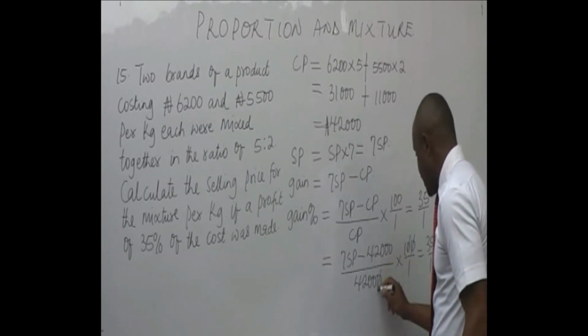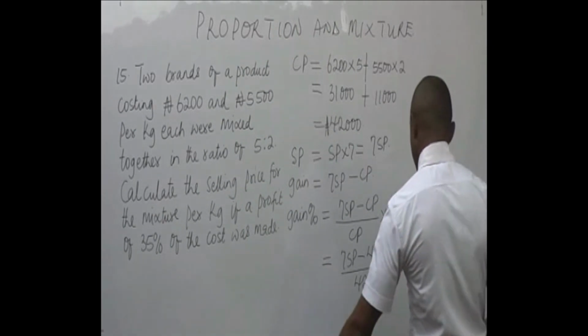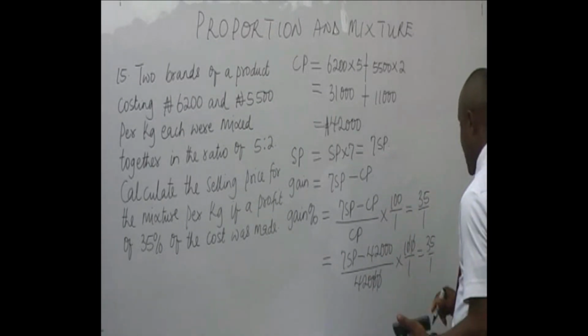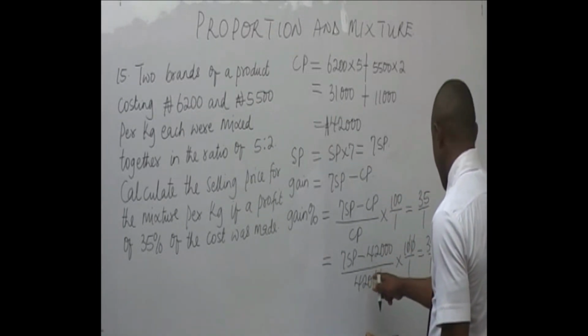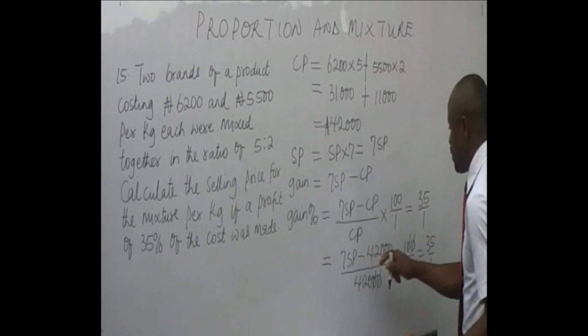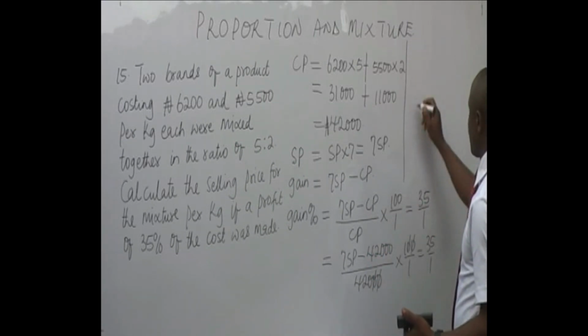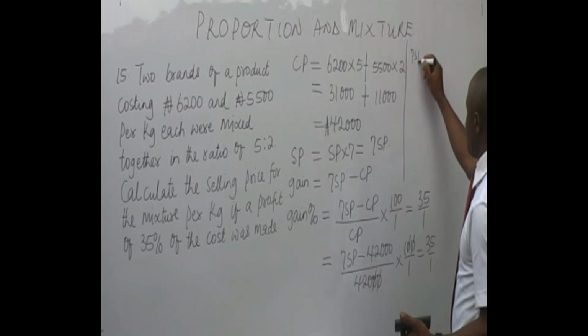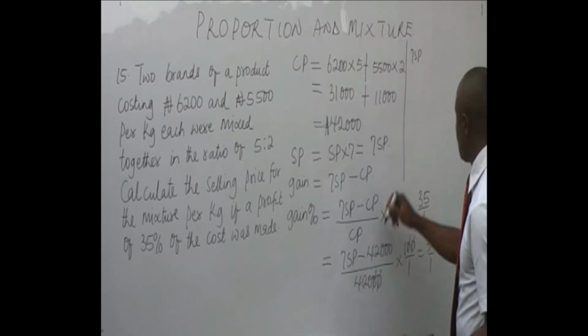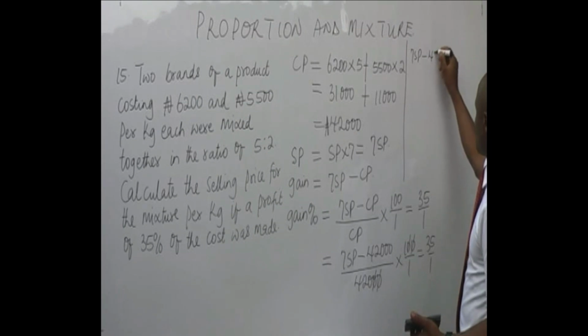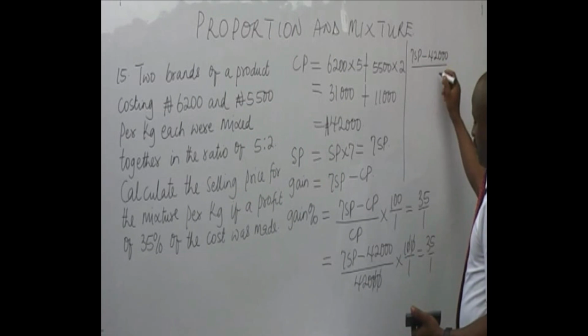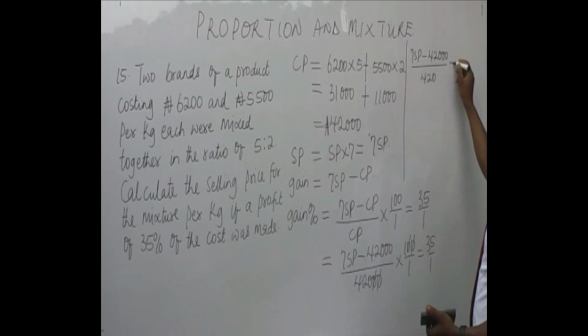You are free to cancel this and cancel this. So you can cross, but remember what this means now is we have to manage this space. 7 SP minus 42,000 divided by 420 now is equal to 35 all over 1.